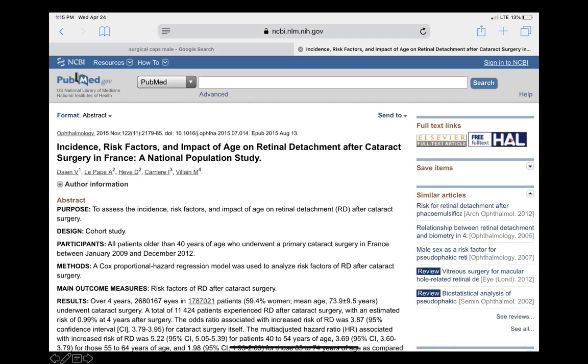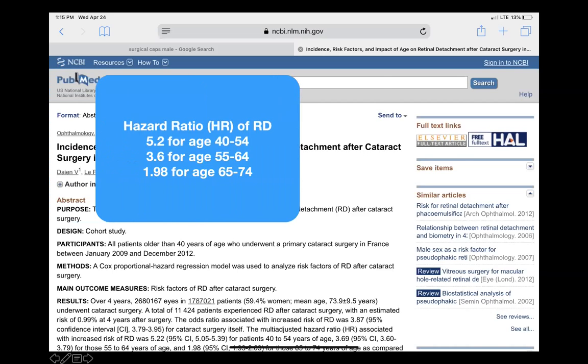One of these studies, published in Ophthalmology in 2015, was a very large cohort of all patients older than 40 years of age who underwent primary cataract surgery in France between January 2009 and December 2012. So this is the whole population of a whole country, and it had very interesting results.